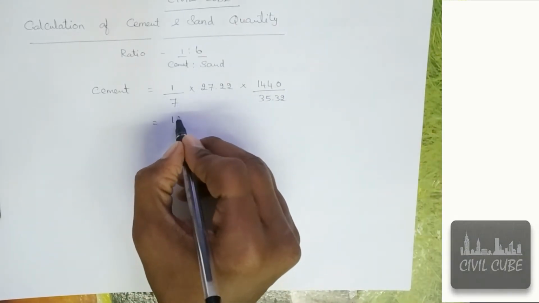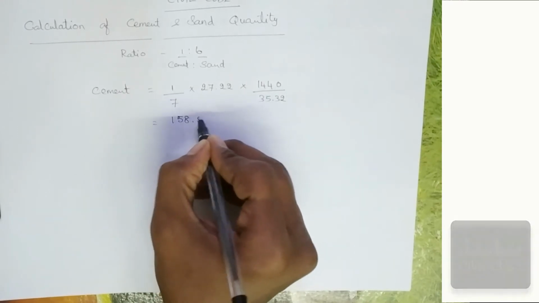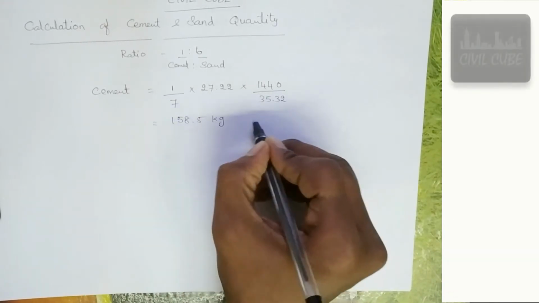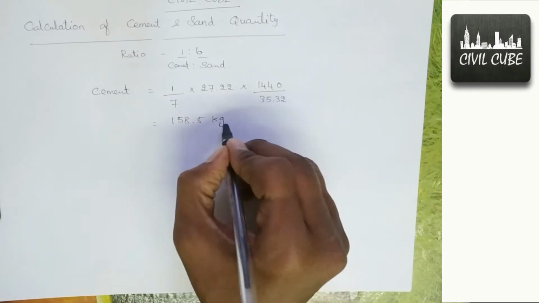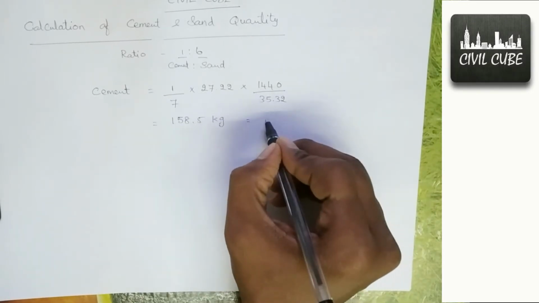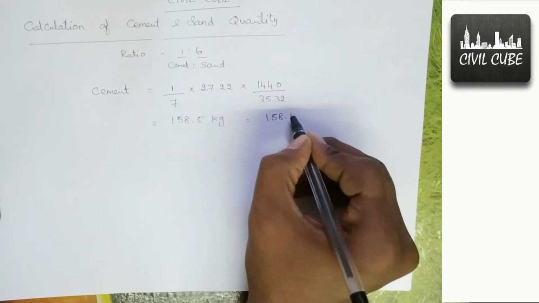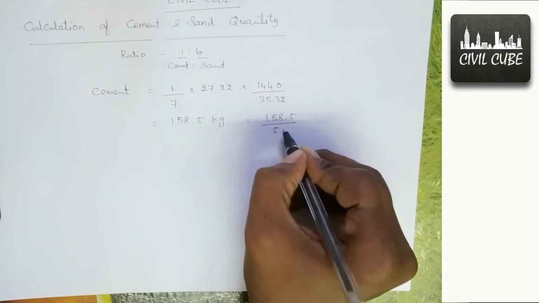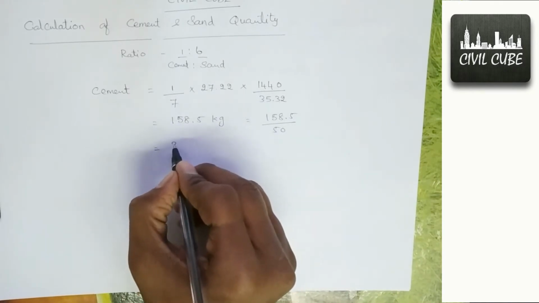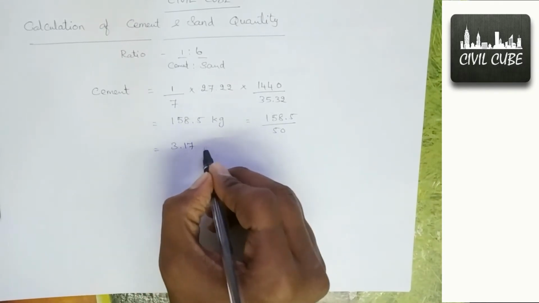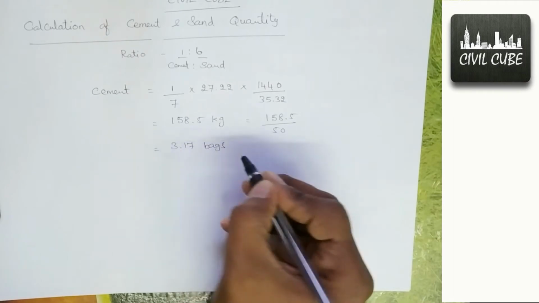So we solve this value, we get a result of 158.5 kg. To convert this kg into bags, divide the value by 50 because every bag of cement has 50 kg of cement. So we get a result of 3.17 bags.